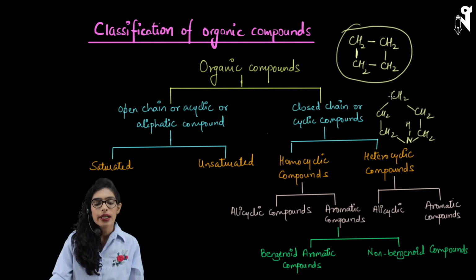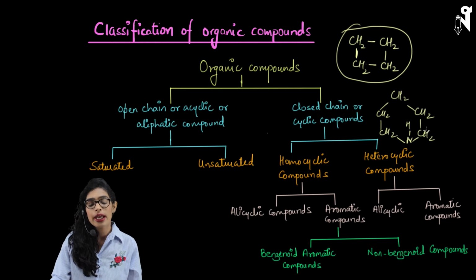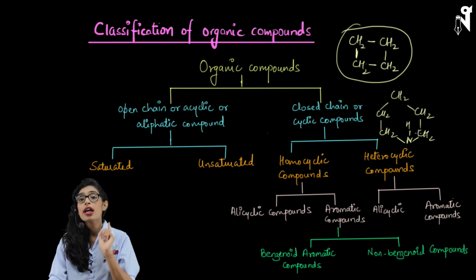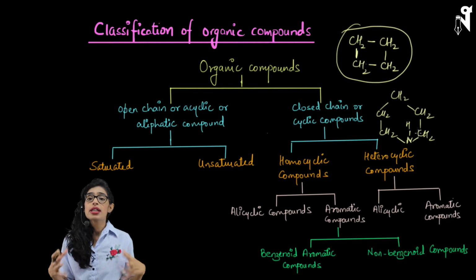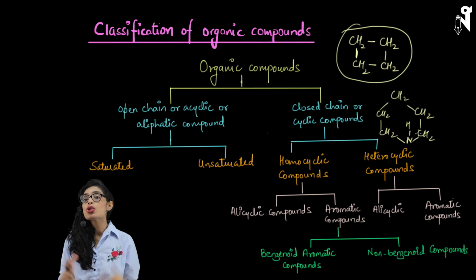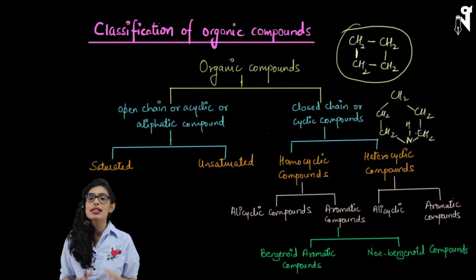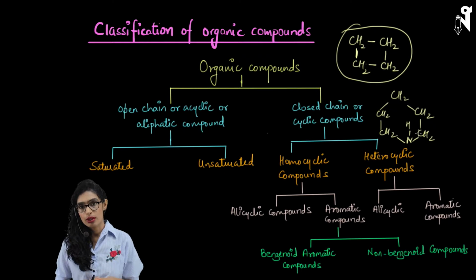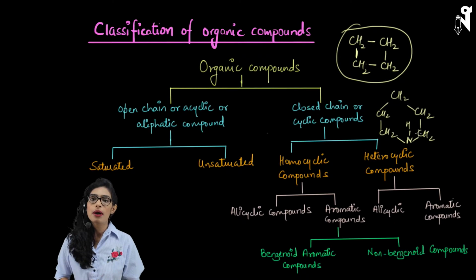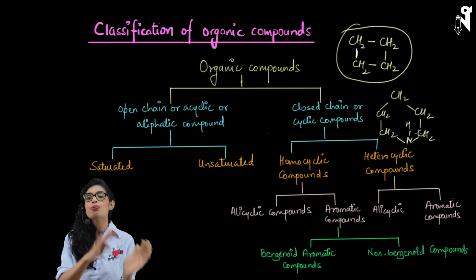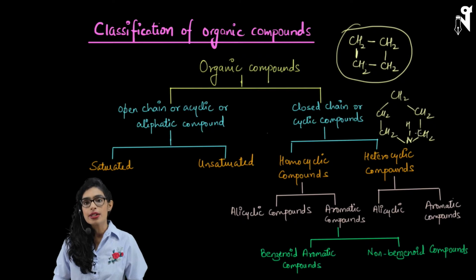So this is what we have made as a closed chain, and here the chain is made up of 5 carbons and 1 nitrogen, nitrogen with one hydrogen. So basically, the chain is not only made up of carbon but also of nitrogen. The actual chain itself has a skeleton made up of carbon and nitrogen. We will see such compounds very often, and we will also learn how to name these compounds, how to identify these compounds, and how to put them into a certain category.